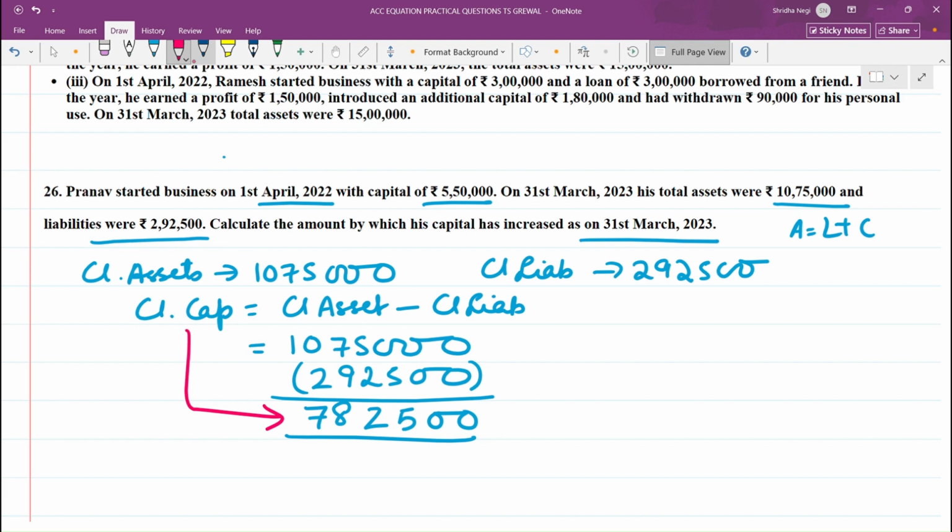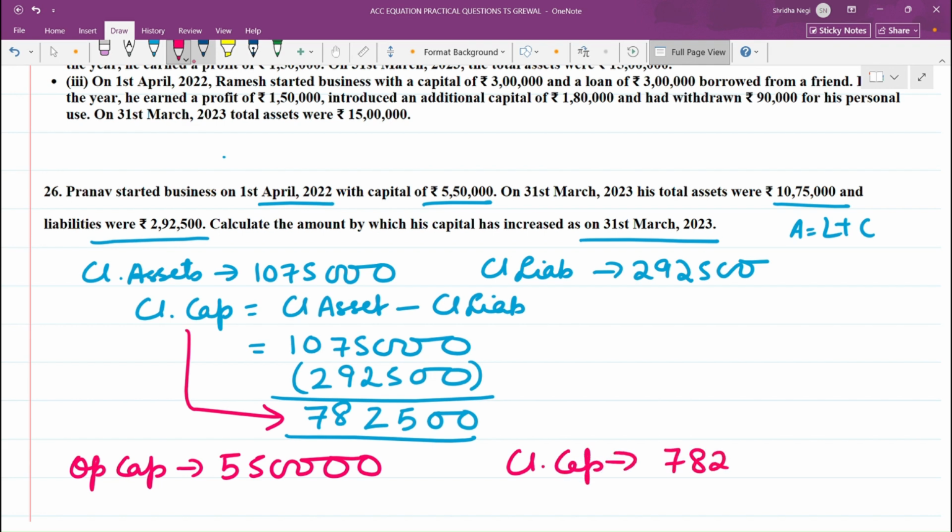Now what is asked? Calculate the amount by which his capital has increased on 31st March. So what was his opening capital? His opening capital was 5 lakh 50,000. And what is his closing capital? It is 7 lakh 82,500. So how much is the increase?